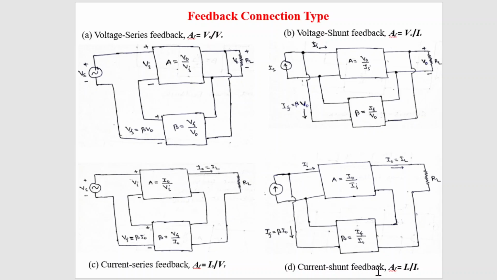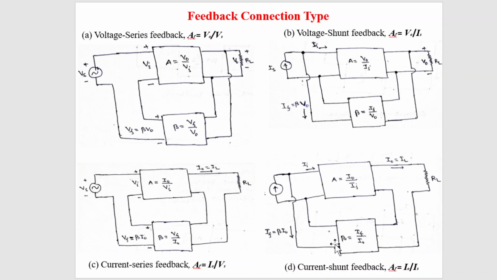Both are current sources. So we have a source current, and through feedback we give an input current, then we get an output current. The input current is II and the output current is IO, and a portion of this output current is fed back to the input in parallel to the input current source through a feedback resistance.